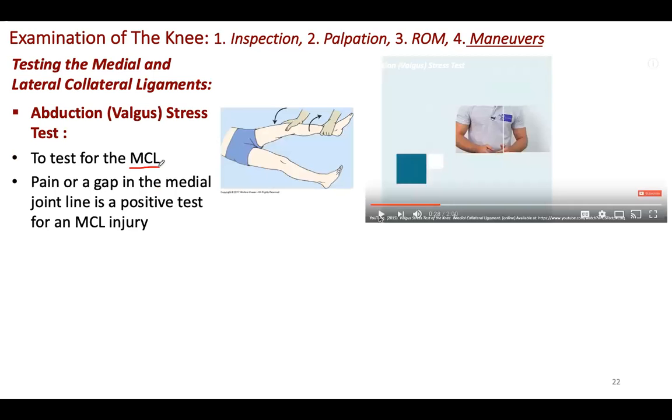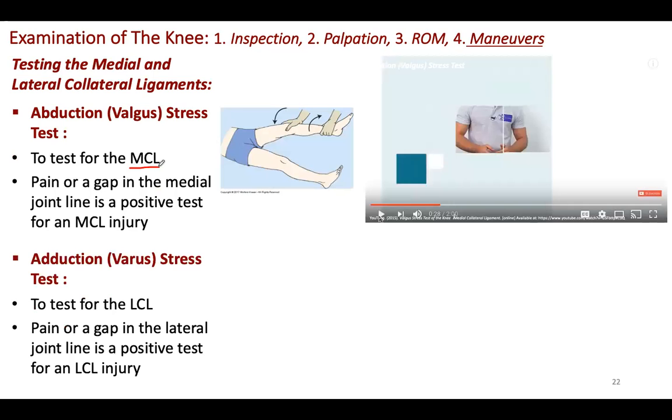Testing for medial and lateral collateral ligaments. The abduction test for medial collateral ligament and the adduction test for the lateral collateral ligament. It is the opposite of the name. What's abduction?